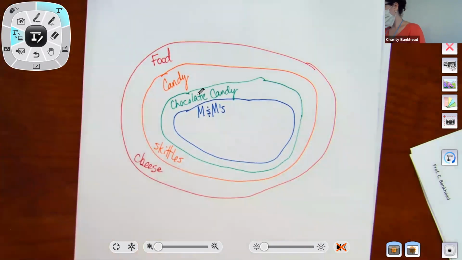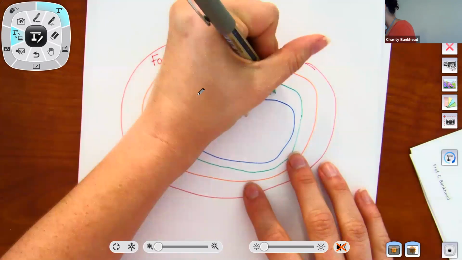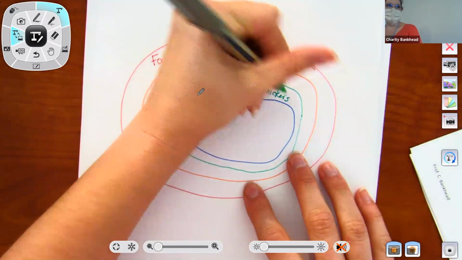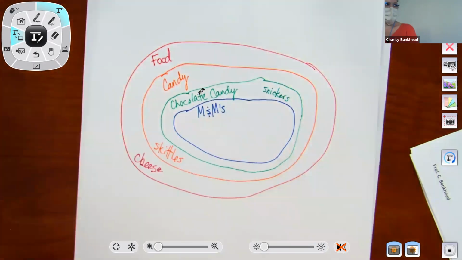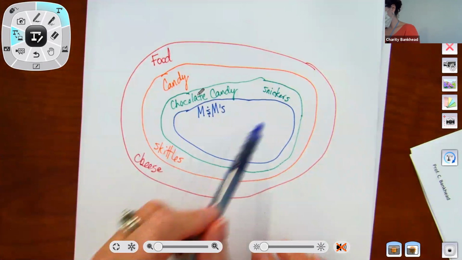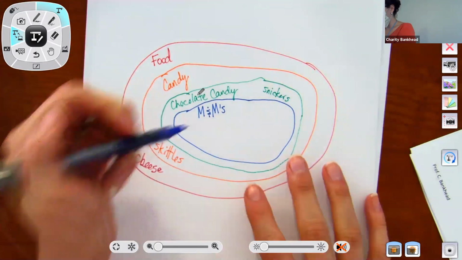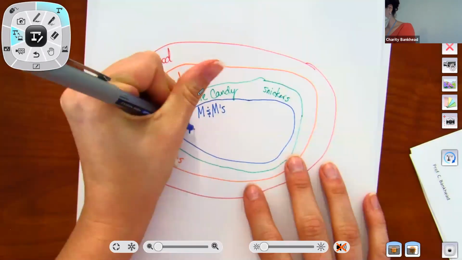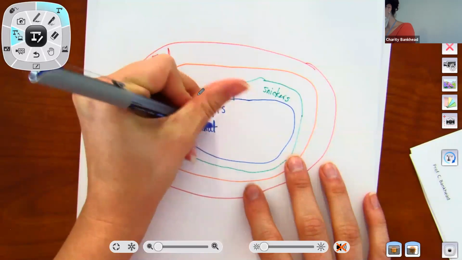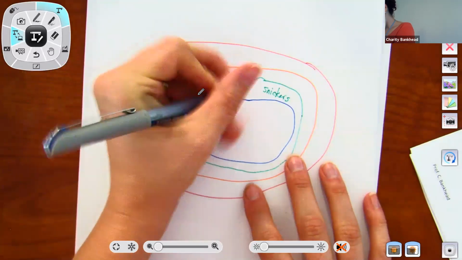Well, Snickers is chocolate, so I'll put it in the chocolate candy circle, but it's not M&Ms. In this circle, I could write peanut M&Ms.